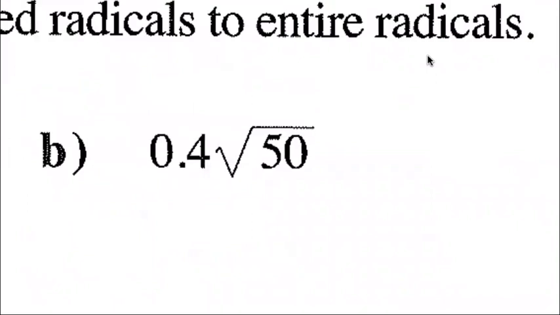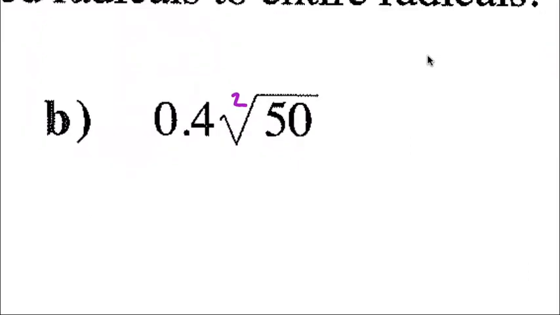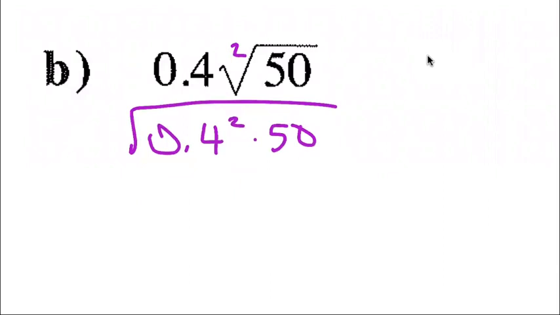0.4 times square root 50. Again, this is a square root. Let's work this out and see what happens. So this is going to be 0.4 squared on the inside times 50. 0.4 squared is 0.16.